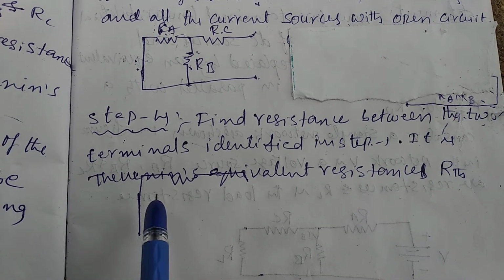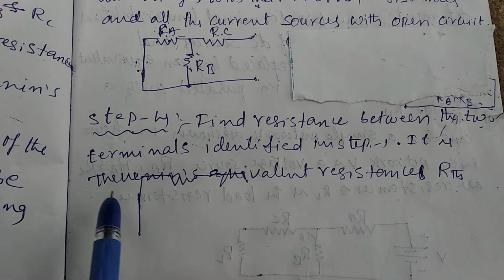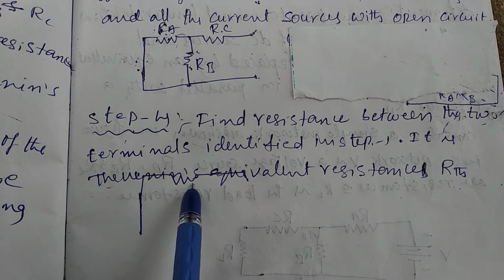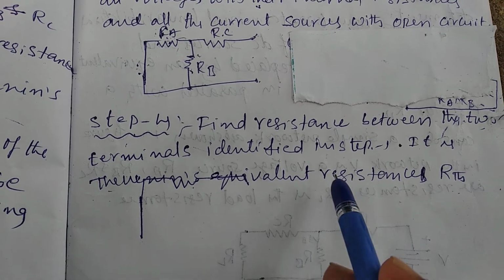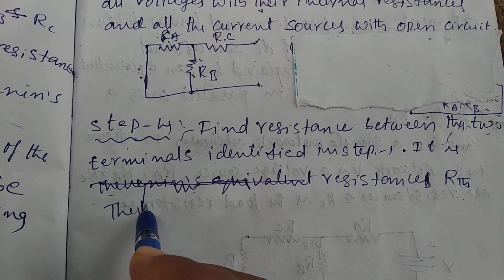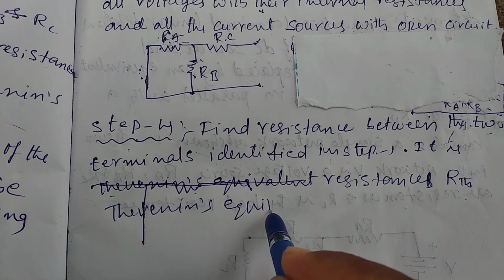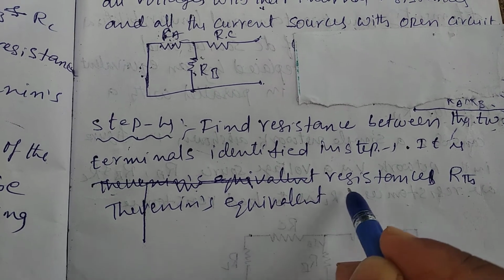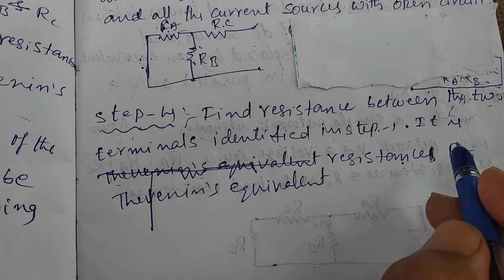This is Thevenin's equivalent resistance, and it is denoted by Rth. Now I am going to calculate Rth.